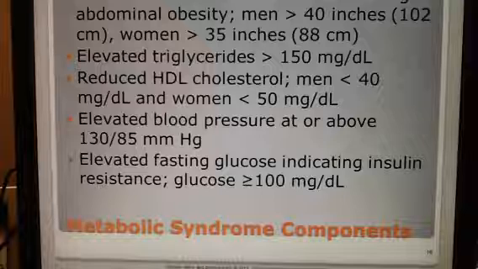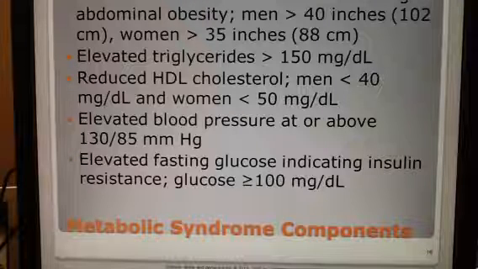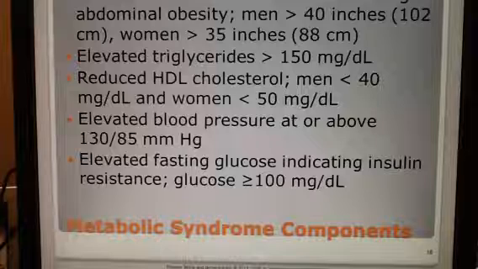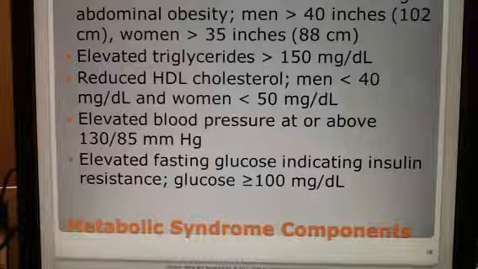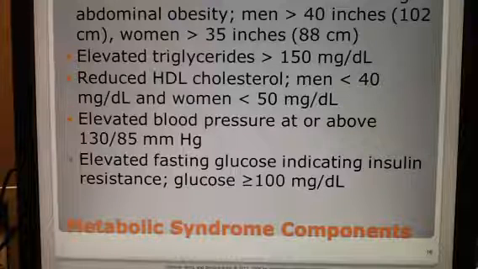A reduced HDL, our good cholesterol, is less than 40 for men and less than 50 for women. Elevated blood pressure is at or above 130/85. An elevated fasting glucose is at or above 100, which is kind of low when you think about a fasting blood sugar, so you need to be lower than that to not have one of these indicators. So remember, you have to have 3 or more of these to be considered metabolic syndrome.